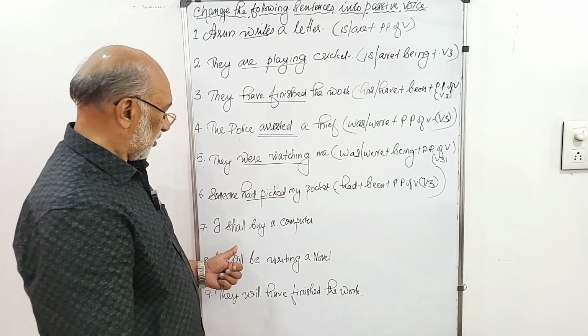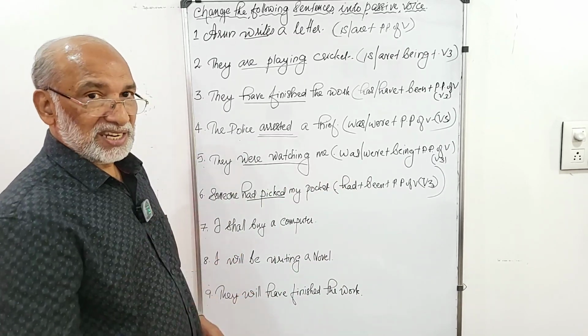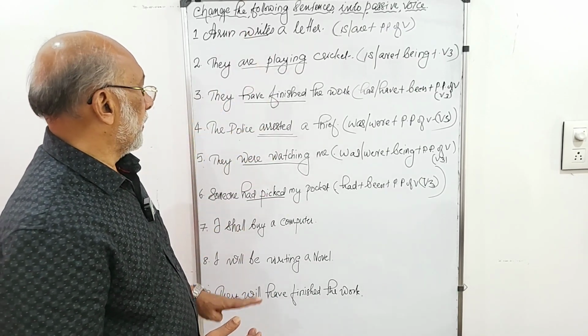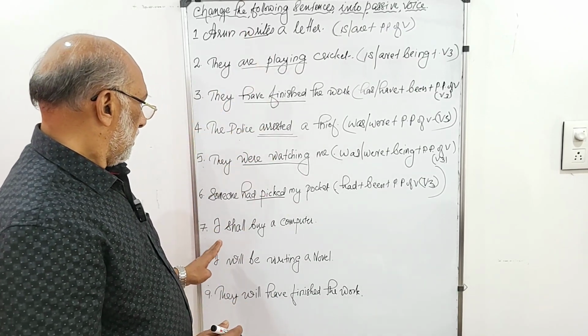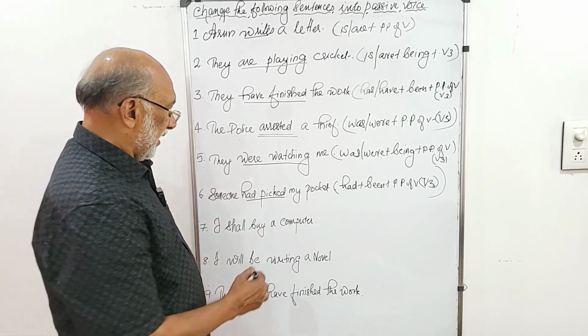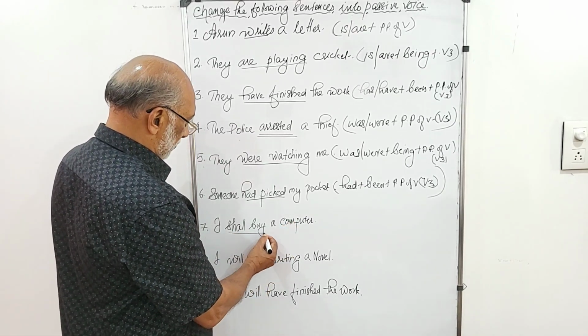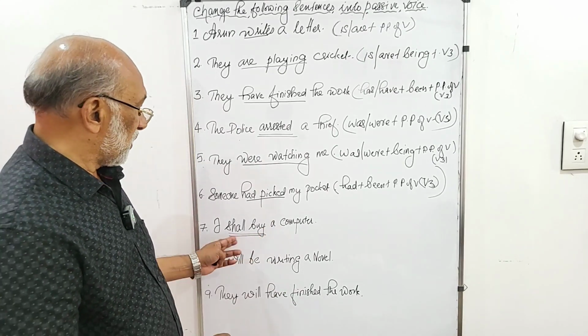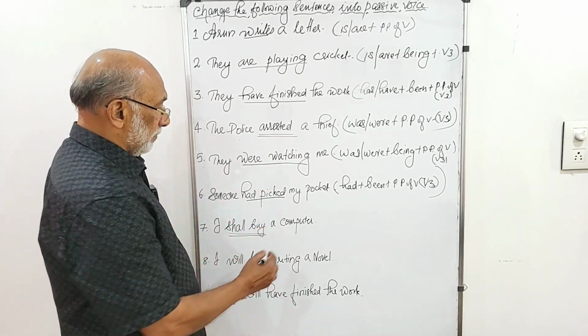Now coming to the seventh one, and that is future tense. Here we end with the past tense. I shall buy a computer. So shall buy, will or shall plus base form, that is simple future. So I shall buy a computer.